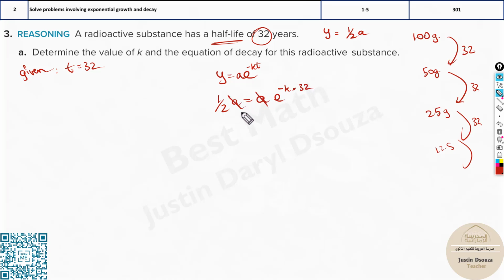Now a and a cancel off over here, so you're remaining with half equals e to the power minus k times 32. Now take ln on both sides. This is ln half, that is equal to ln e to the power minus k times 32. Now we can just use the calculator and solve it directly.